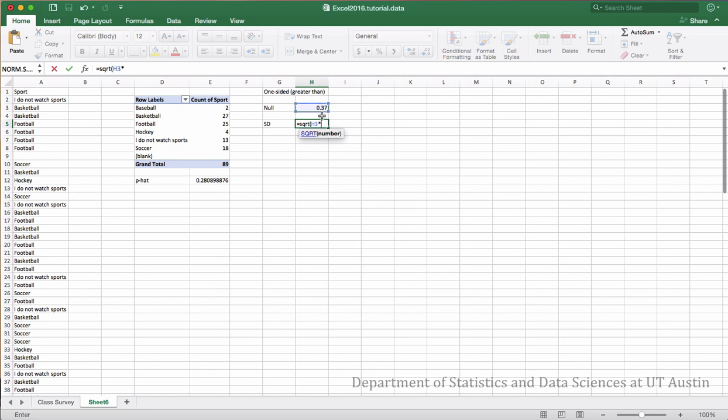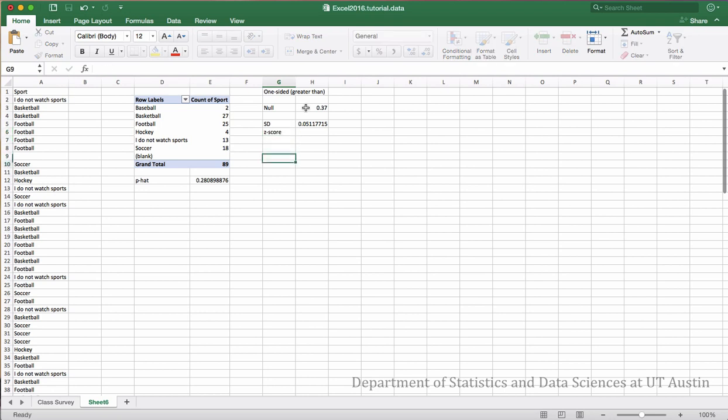I'm going to multiply it times the complement, meaning 1 minus 0.37, or 0.63. I'm just going to select that cell again, and divide it by the sample size, which was 89. Close my parentheses, and now I have the standard deviation of my sample proportions. So with this information, I can calculate what is known as the z-score.